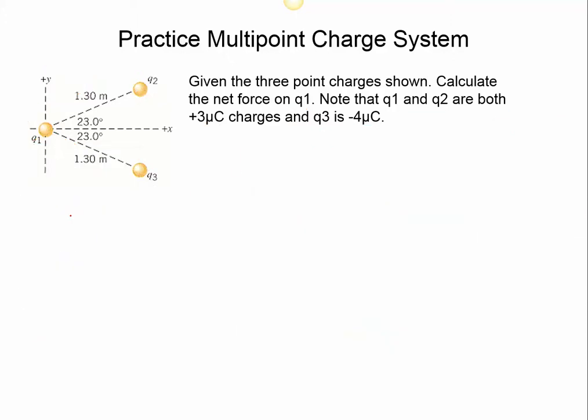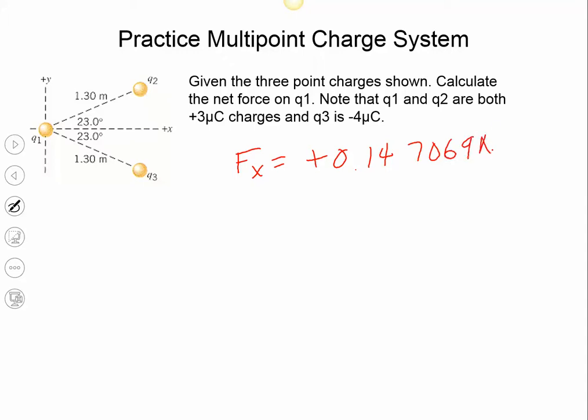So we had F of x was positive 0.147069 newtons, and we had Fy was equal to minus 0.04369666 newtons. Again, those numbers aren't our final answer. And we need to find F net.